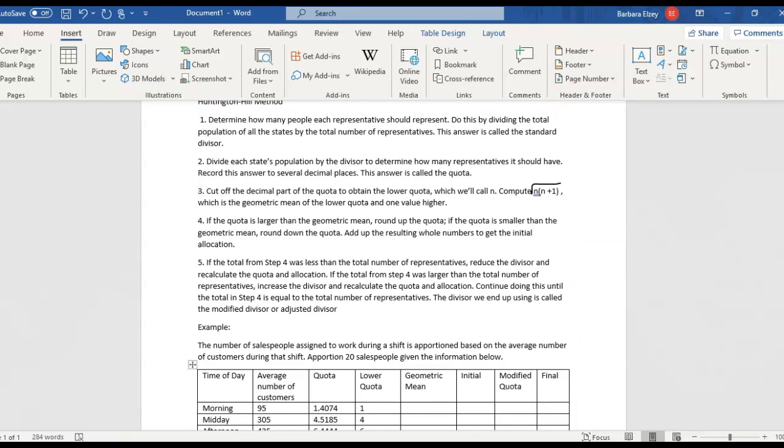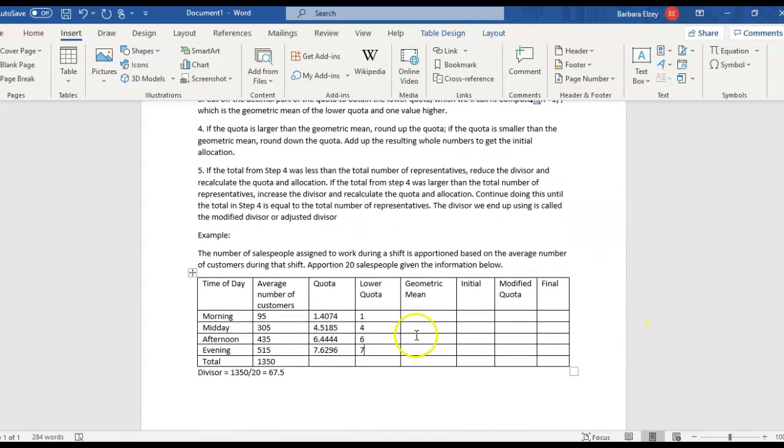So let's notice back here, I just did part of step 3. I cut off the decimal part of the quota to obtain the lower quota, which we'll call n. And now we're going to compute the square root of n times n plus 1, which is the geometric mean. All right, so let's do that right here.